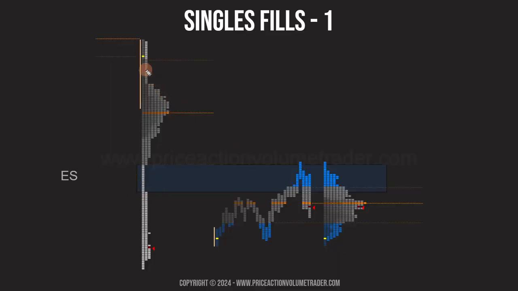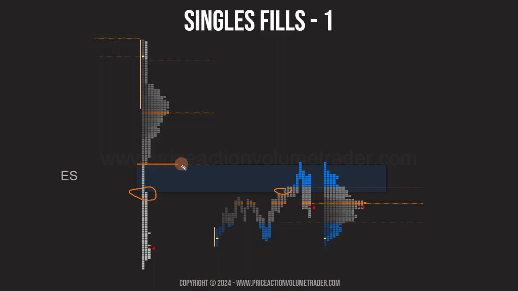If we would have had a double distribution here and more values over here, then this would have been probably a significant area of resistance, and this would be another area of resistance. But you can see that this was pretty weak, so this did not offer a lot of resistance.